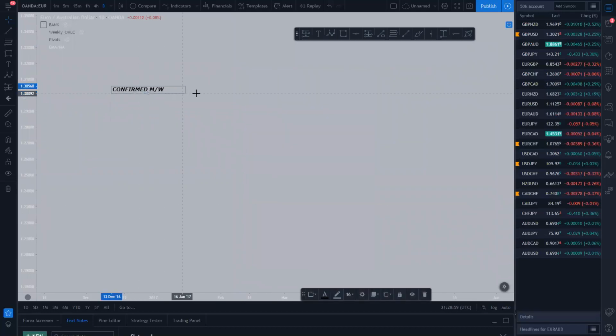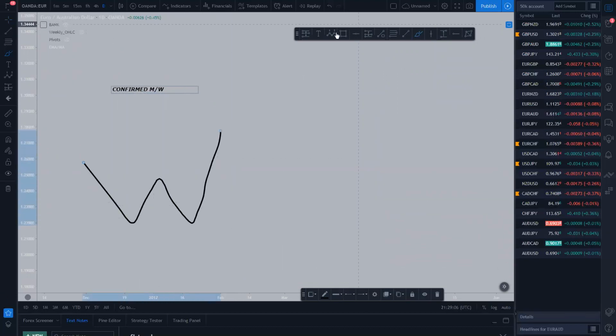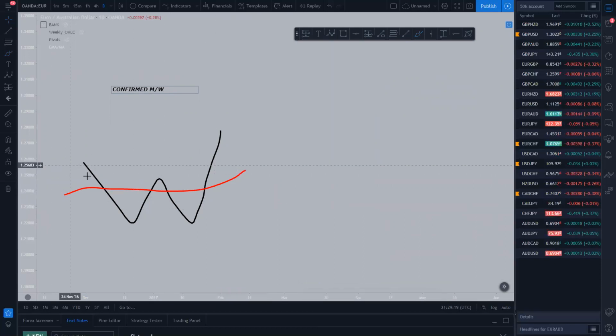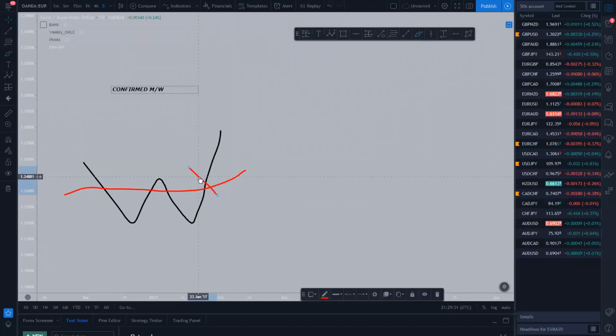On a confirmed W, what you're anticipating is for price to close above and close below the 13 EMA. So you're looking for price to come down, accelerate downwards, close below the 13, close above the 13, close below the 13, and a final close above the 13, and that's usually where we enter the market in a position.